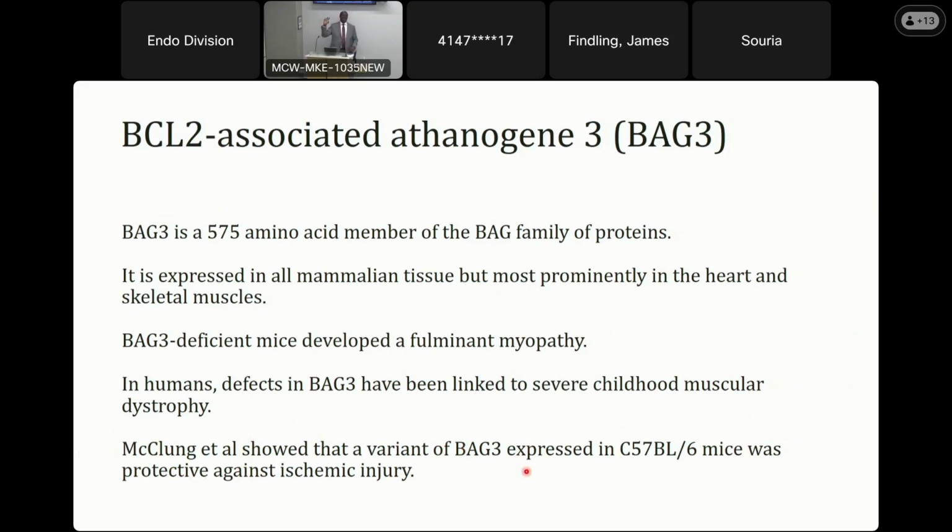What he showed is that the BALB-C mouse expressed a variant of BAG3 that seems to be less effective in adaptation to injury, and therefore, when he put the Black 6 variant of BAG3 into that mouse, he was able to improve the muscle myopathy. He also showed that if you isolated skeletal muscle cells from those mice, cultured them and exposed them to ischemia, the skeletal muscle cells from the BALB-C were more likely to die and exhibit muscle injury.